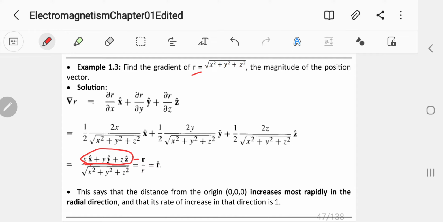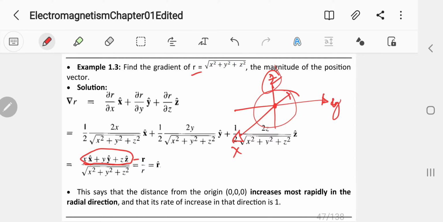So for example, this is x, y, and z, and if you have a sphere here, then you can measure r there, the vector r, and the distance from the origin increases most rapidly in the radial direction.